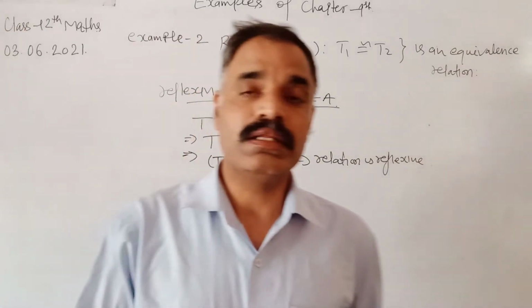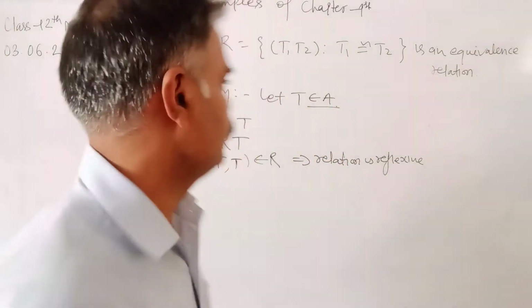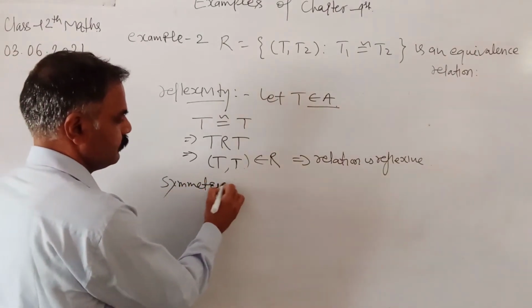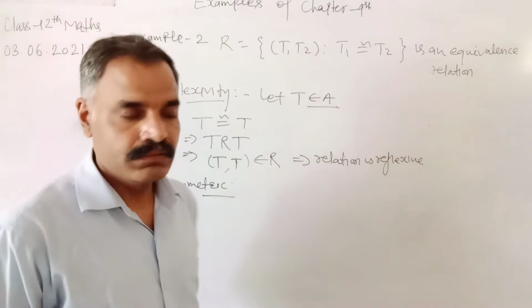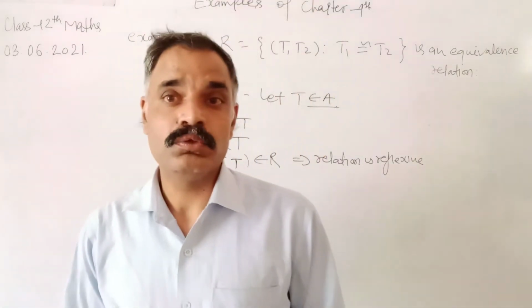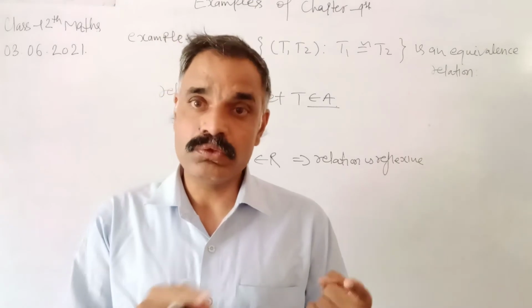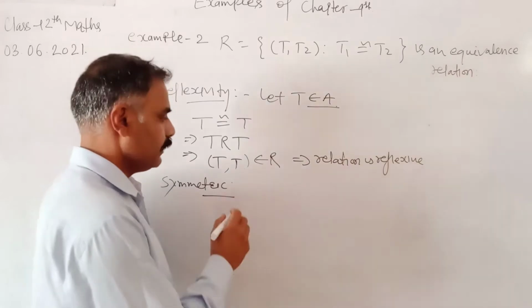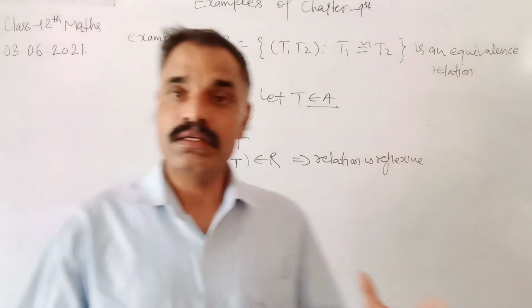Now we will show that the given relation is symmetric. Symmetric relation means if T1 is related to T2, then T2 is also related to T1 by the given relation. Here we require two triangles.